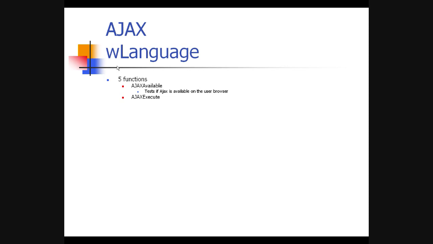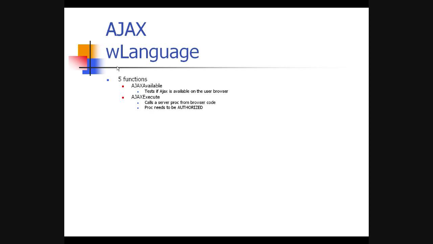The second function is Ajax Execute. We've talked mainly about Ajax Execute asynchronous, but Ajax Execute exists too, and in that case it's in synchronous mode, which means that it calls a server procedure from the browser code.